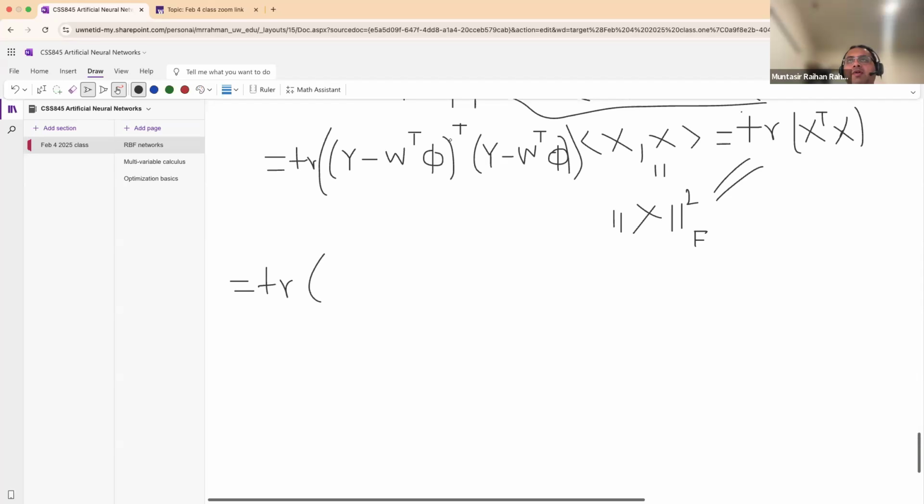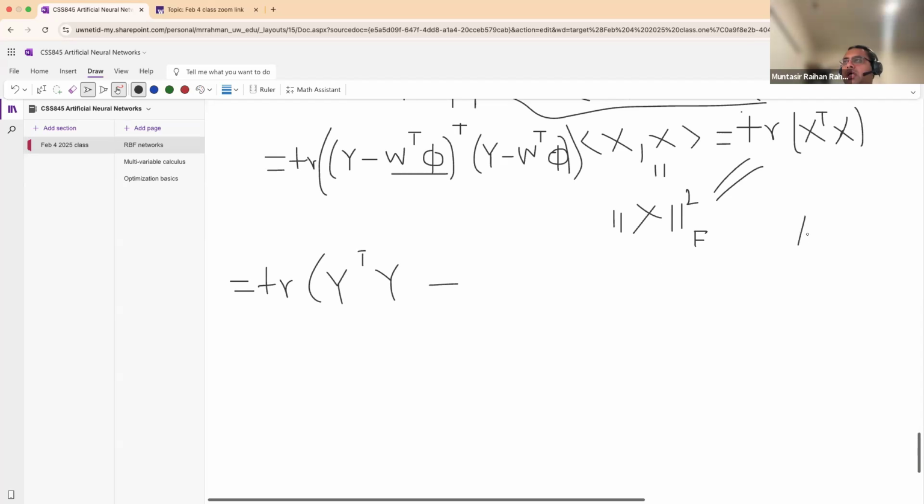So this is Y, I have a transpose and I have a Y here, right? So this is going to be Y transpose Y, okay? Then minus, I have this in a, and I'm going to transpose this whole thing.